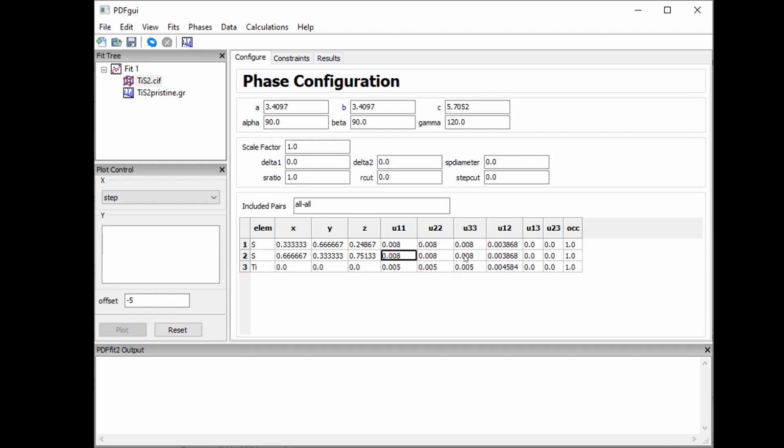Let's say 0.08. This is just some number to guess. And we do not consider any anisotropic disorder, so we just assume 0. And the same is true for U13 and U23. And OCC stands for occupation, and we assume they're fully occupied. So this is the structure we have.